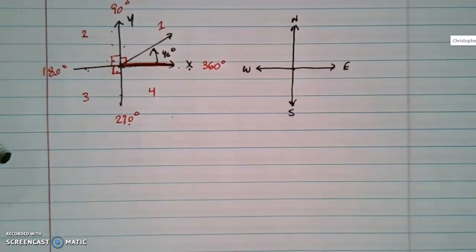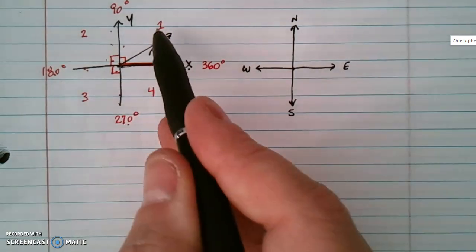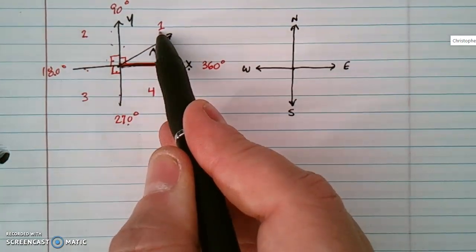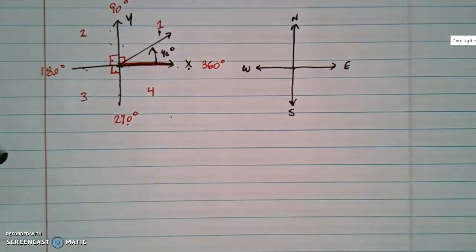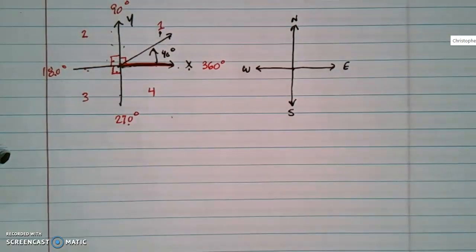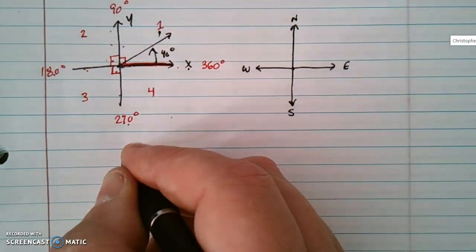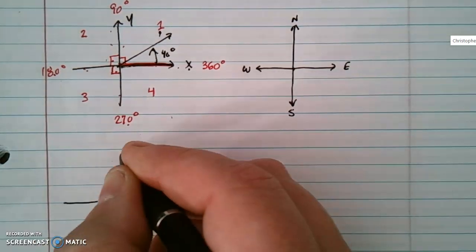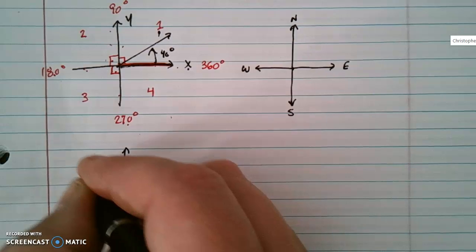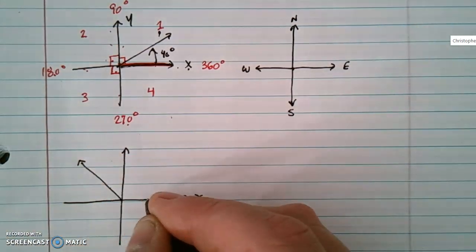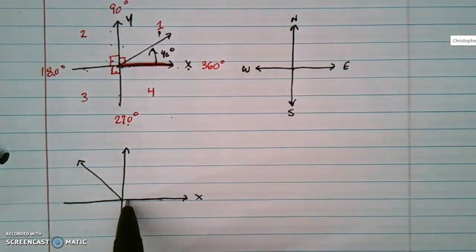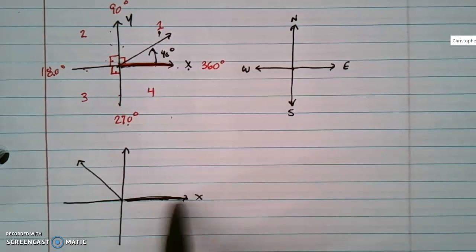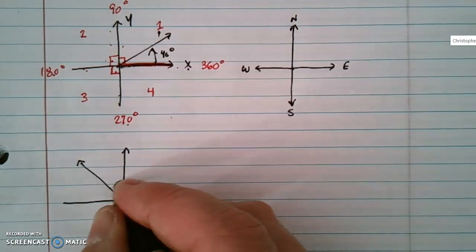Now we have a problem. Anything in quadrant 1 is going to be an acute angle. An acute angle is anything less than 90, and it will fit in a triangle. We have a problem. If I draw an angle outside of quadrant 1, I always start on the positive x-axis and go this way.